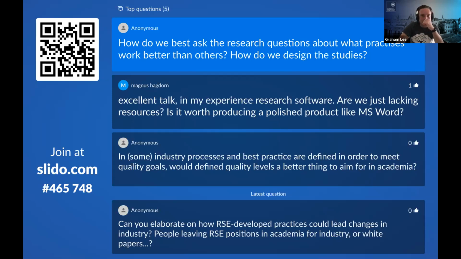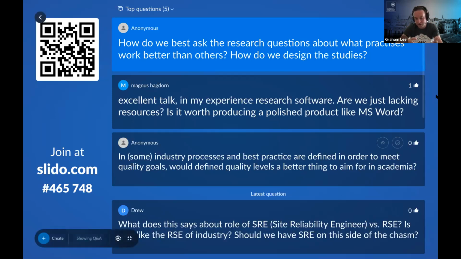The approach that I want to use is an approach from the social sciences called grounded theory, where we look at what people are doing and we ask them what they're doing, and we observe them, and we look at data like source code repositories, like bug tracking databases and so on, and use that to build a theory of what is going on at the moment and what people think about what is going on at the moment. Because then that tells us something about how the practices are actually spread.